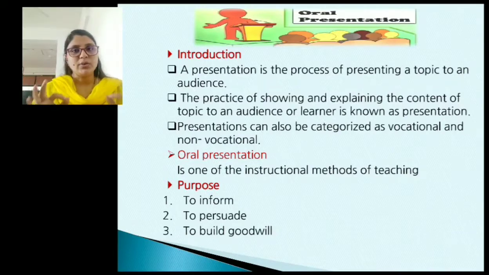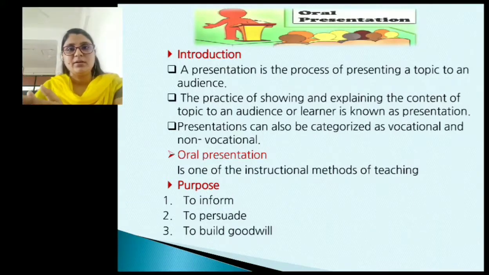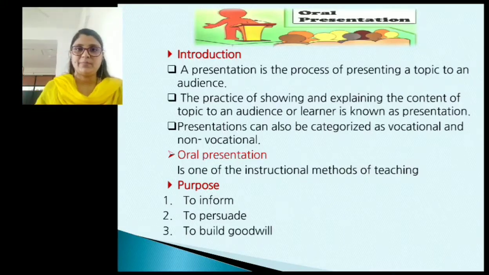You want to give information related to any topic or subject with meaningful content, that is your presentation. You are performing or giving a lecture on something informative to the audience. Then what is an oral presentation?